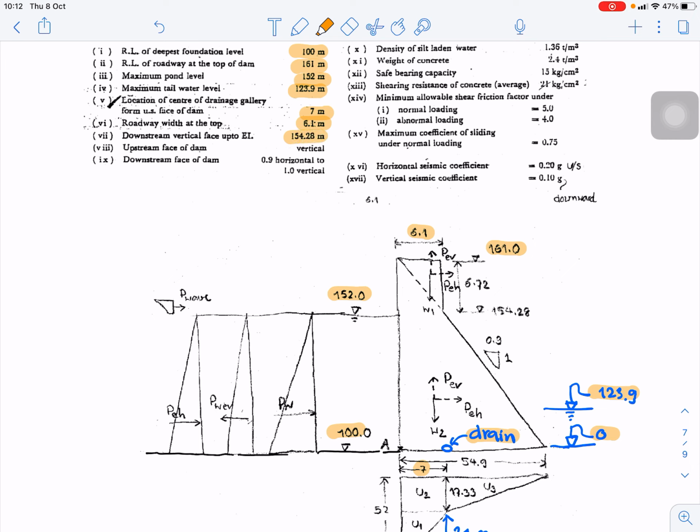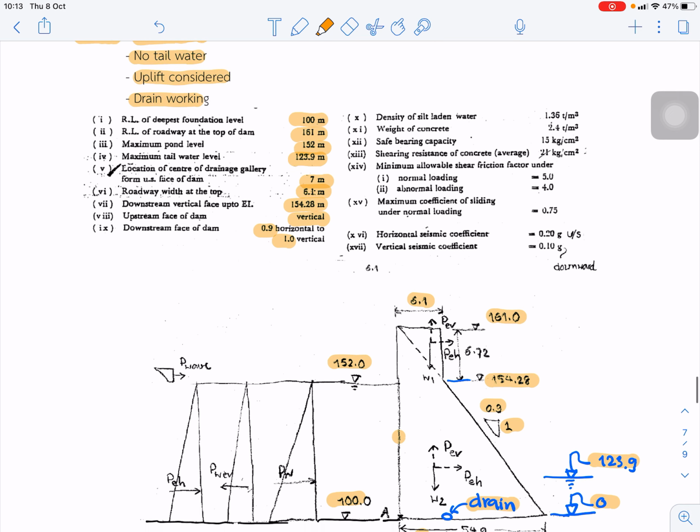That is the level of the downstream vertical face. And the upstream face is vertical, so it is upstream face vertical. And the downstream face of the dam is 0.9 to 1, that is 0.9 horizontal to 1 vertical.